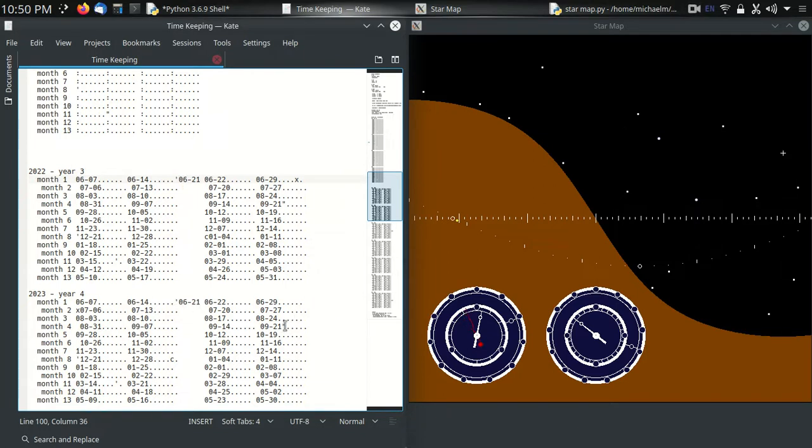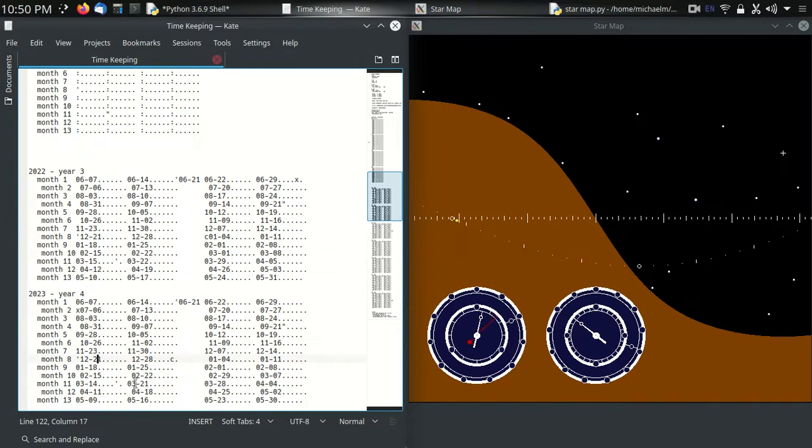Right here, we're getting the fall equinox the day after the start of this week, and that's occurring again here. And here we're getting winter solstice right on that first day, which is pretty much perfect.